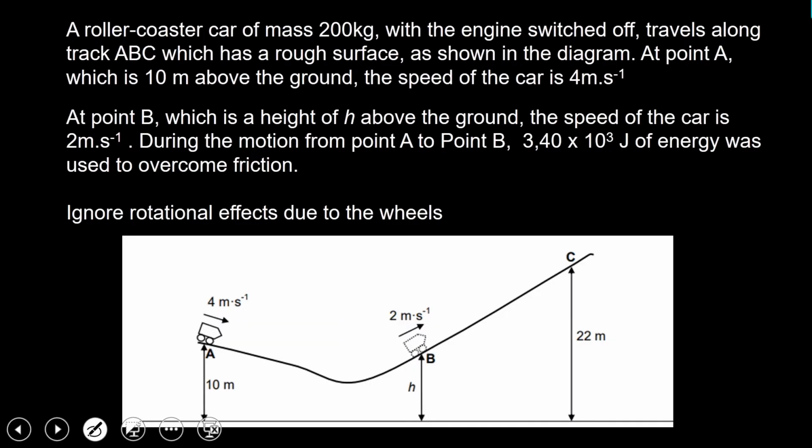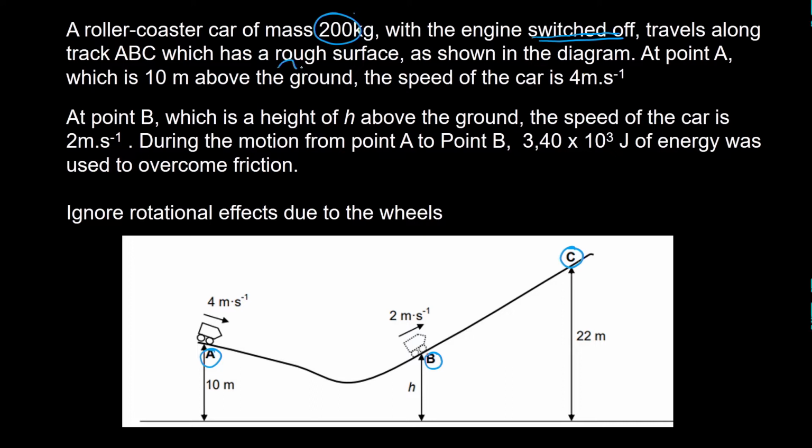The first one comes from last year, and it's about a roller coaster. They've given you a diagram. A roller coaster car of mass 200 kilograms, with the engine switched off, travels along a track A, B, C. If we look at the picture, there's A, there's B, and C is right at the top, which is a rough surface.